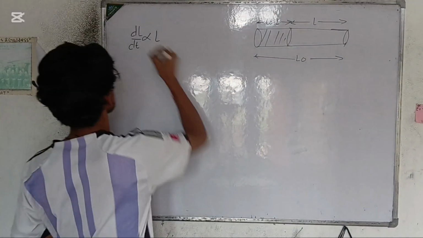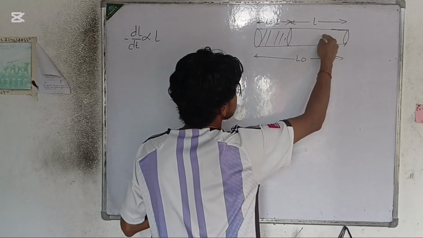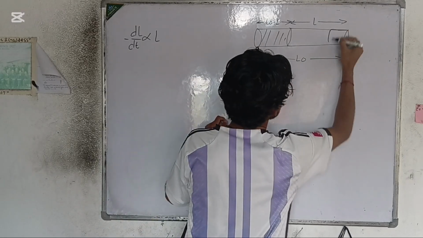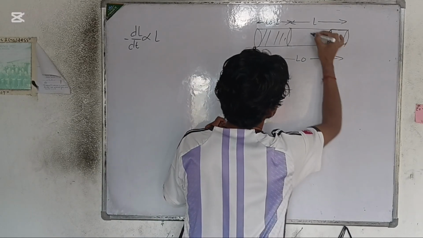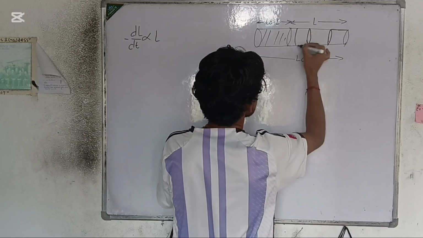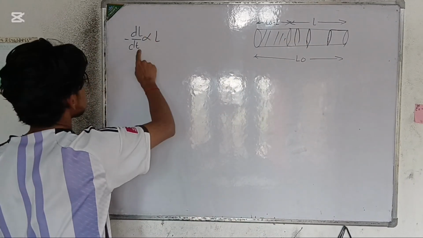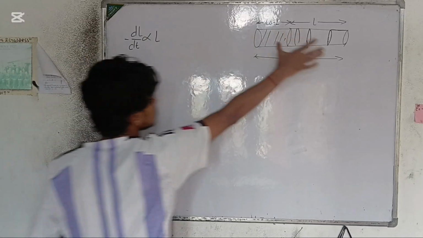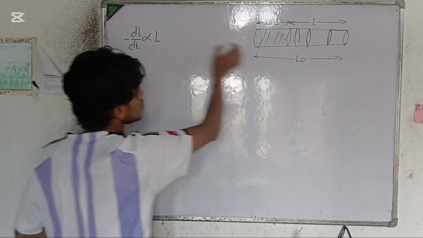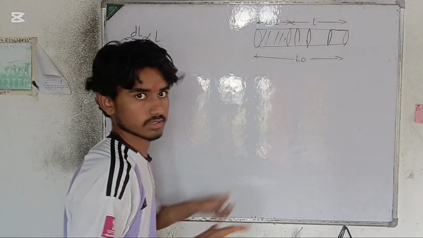There is a negative sign, because the length of the cigarette decreases with time: after some time it would be this much, then this much, and it goes on decreasing. So the rate of change of length of this portion is directly proportional to the length.